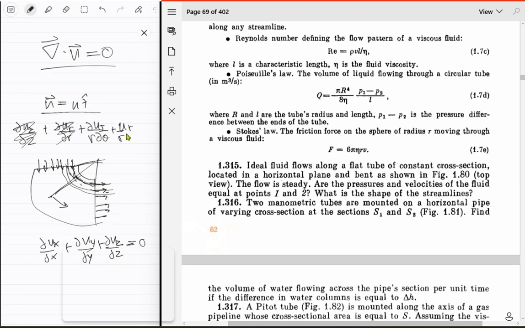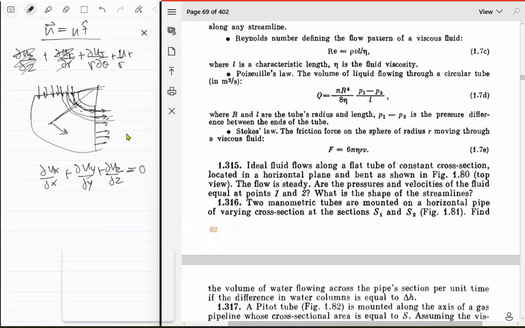Huh. Partial ur vector upon partial r. I think that was it. Oh yeah, okay, I think I remember something now. It should actually have been this thing, partial upon partial z plus, actually not like this.